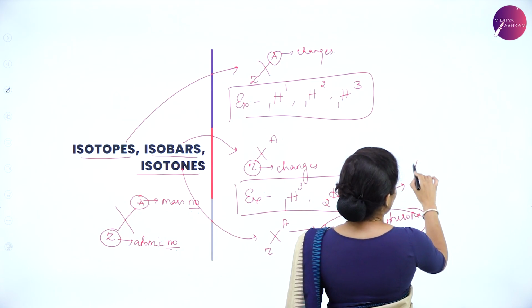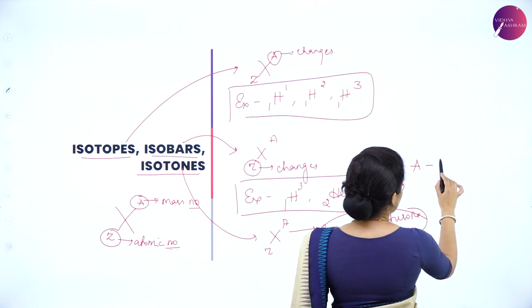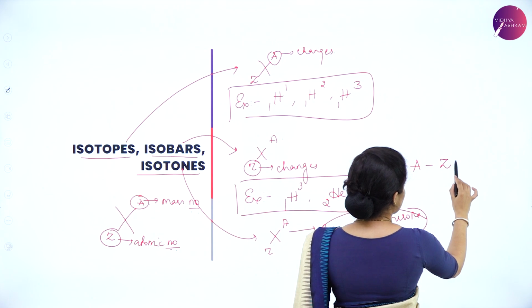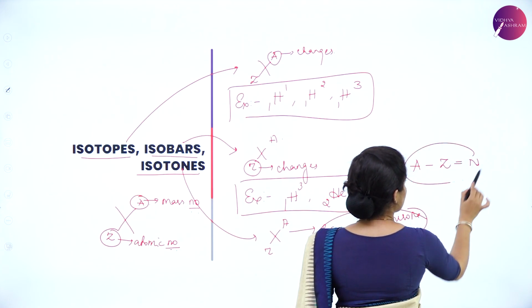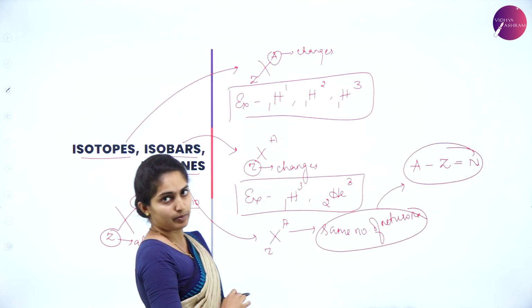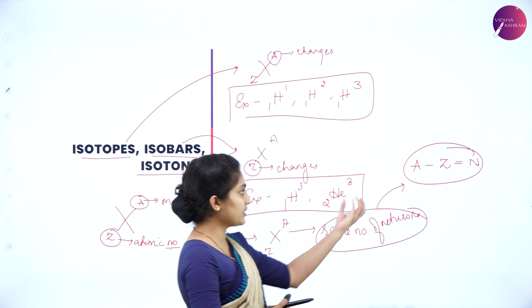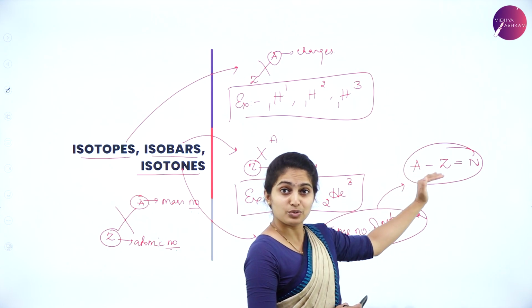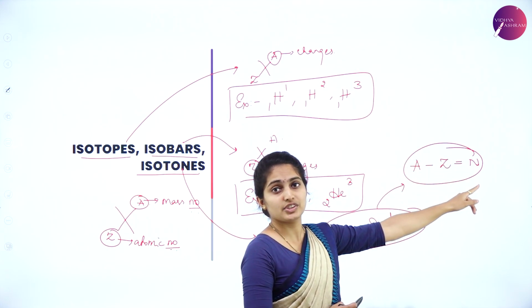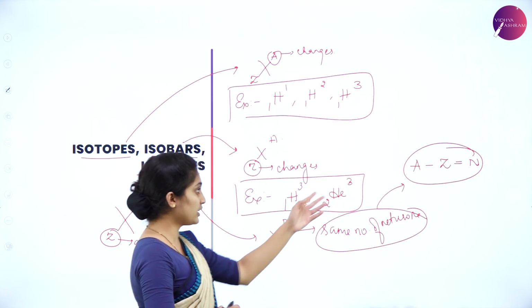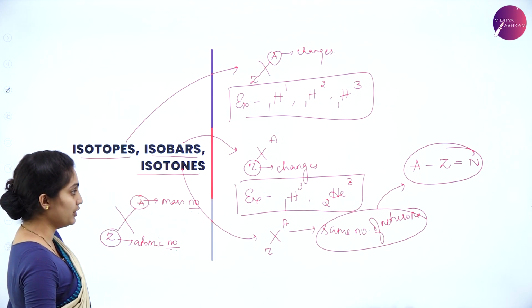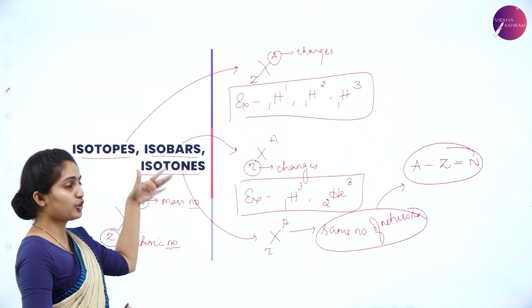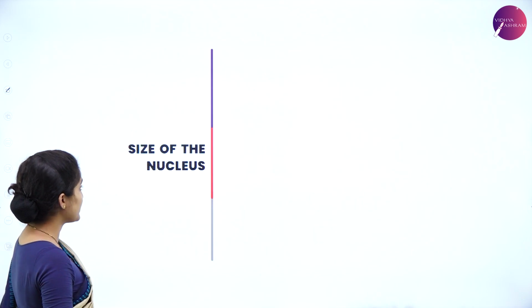That is by A minus Z is equal to N. This is the neutron symbol. From the total mass number, you subtract the number of protons, which gives you the neutrons, and neutrons are neutral in nature. So that is how exactly you can take out the value of the neutron. So these are all about isotopes, isobars as well as isotones.